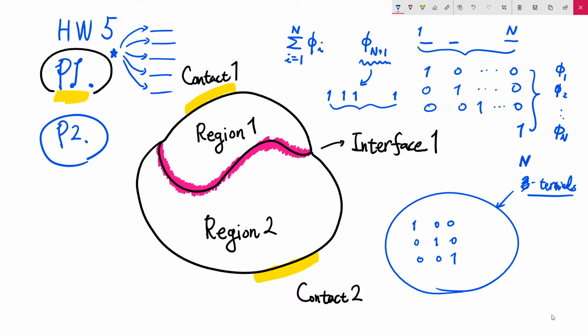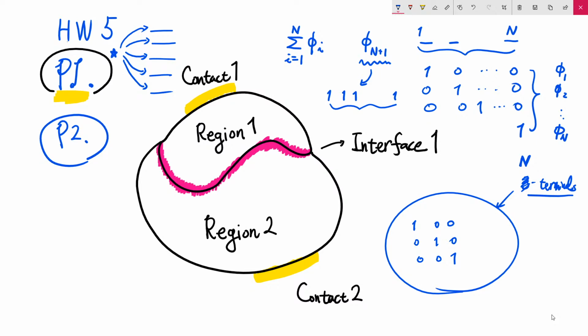So, Mr. Han, is it good to your question? Have you understood my answer? Since the structure is general, depending on your structure file, you can have 2 terminal, 3 terminal, 4 terminal, 5 terminal, 100 terminals.